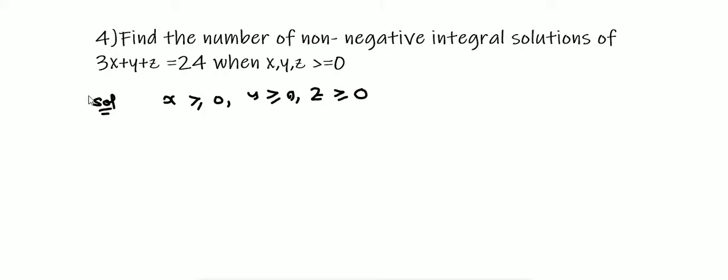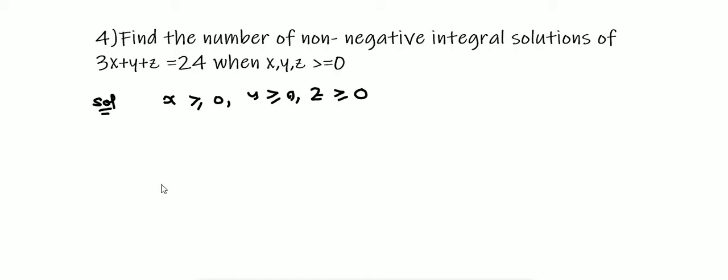But the coefficients of the parameters are not unity. The coefficient of x is 3. So this is the model in which one of the coefficients of the parameters is non-unity. Only one parameter is non-unity.